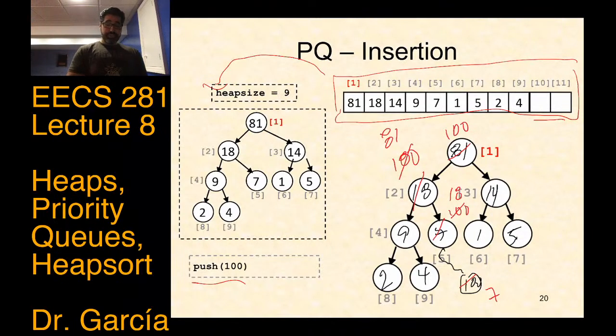And what we would do is effectively just say, I'm going to do a pushback, assuming that this is a vector. I can do a pushback and put the value 100, which is what I'm looking to push, right there. And if I do that, that conceptually means that I am adding a left child to node 7.